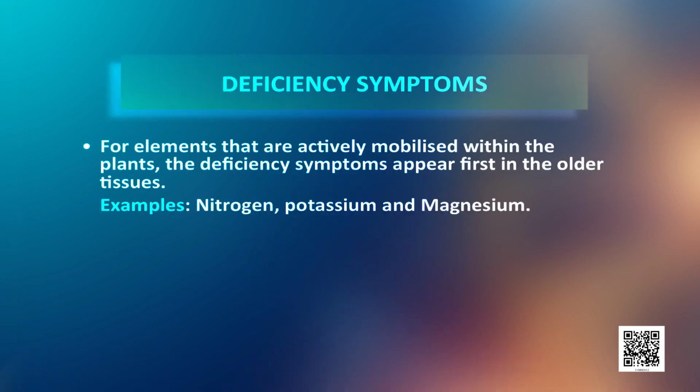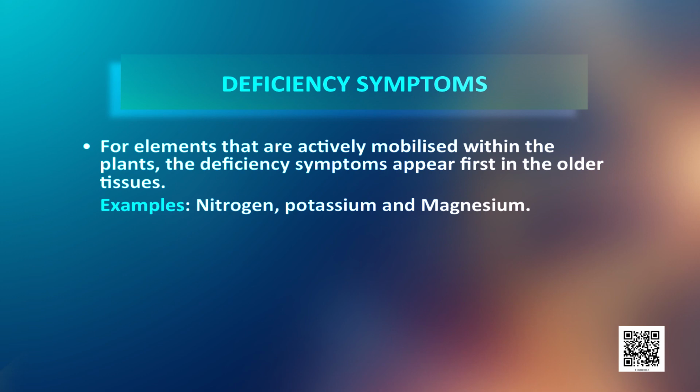In this case, deficiency symptoms will first appear in the older tissue. This happens because young tissues are actively growing. They require essential elements in large amount. Elements from the older part will get dissolved and move to the younger tissues. Thus, the requirement of younger tissues will be fulfilled, but older tissue will show deficiency symptoms.